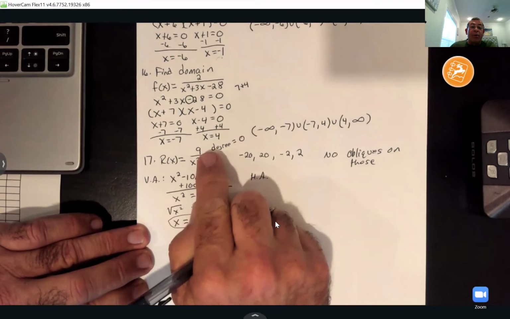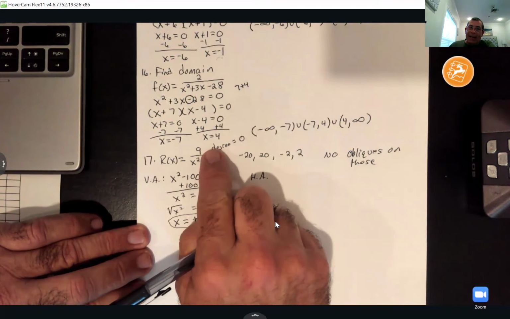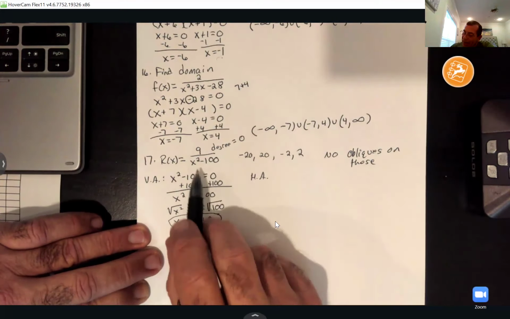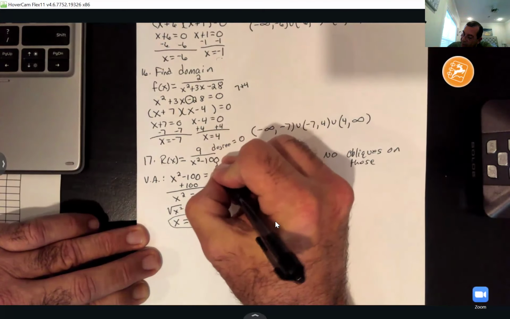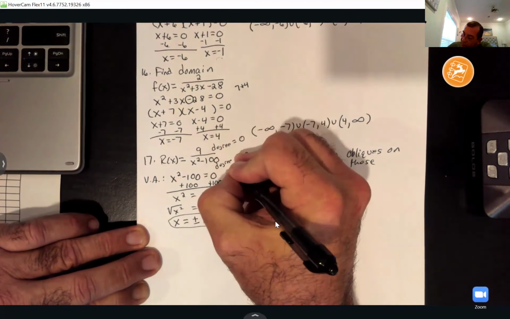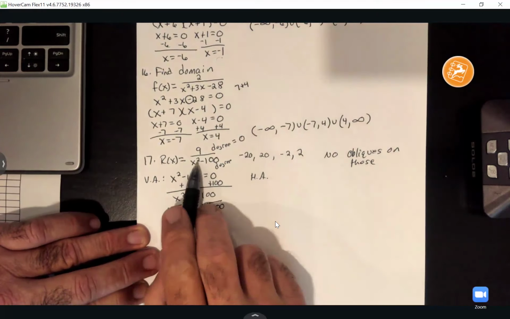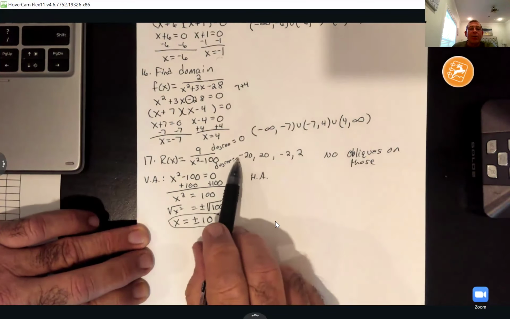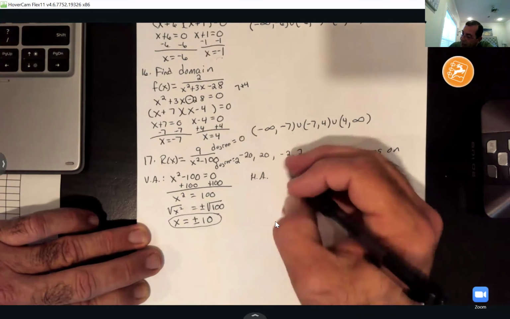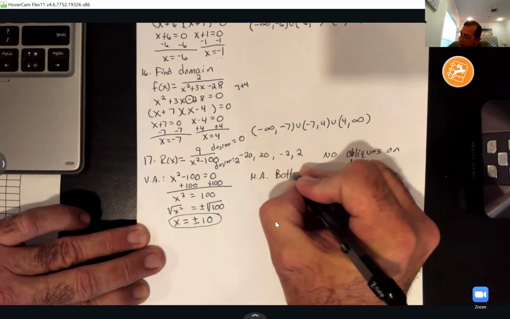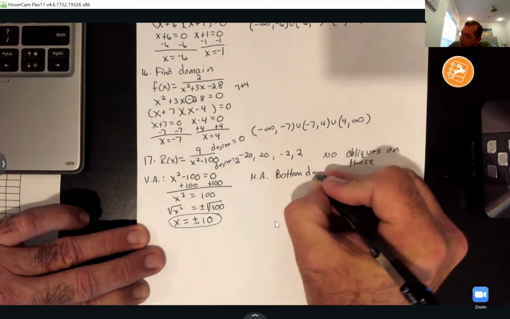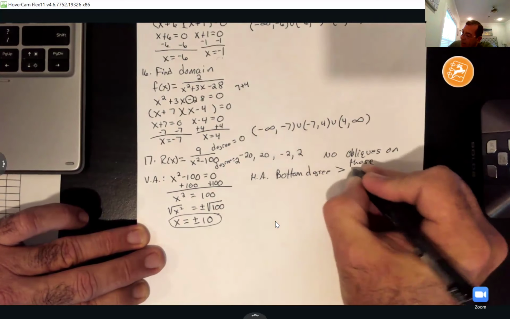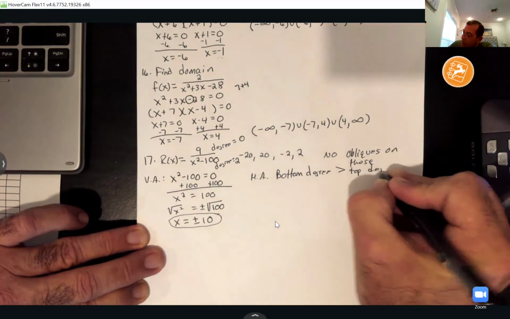Now, if it had a variable, then it would be a 1 for the x, okay? All right, down here, the degree is what on the bottom? 2. So the degree on the bottom equals a 2. So it looks like the bottom is bigger than the top. So the bottom degree is greater than the top degree.